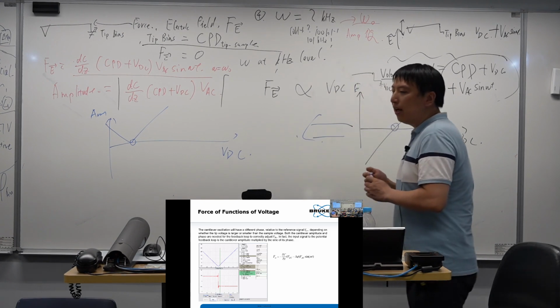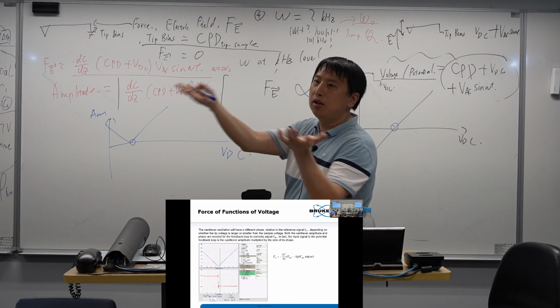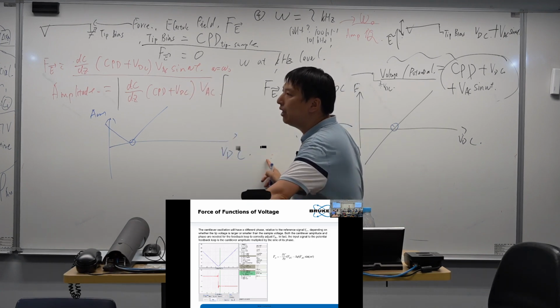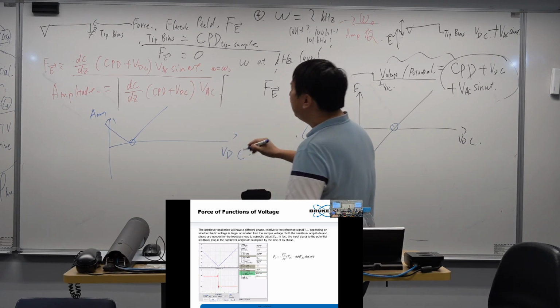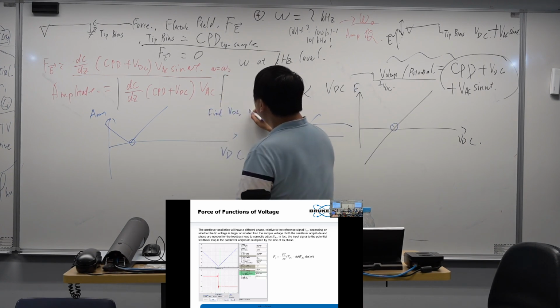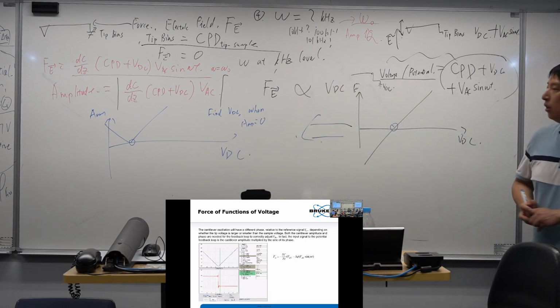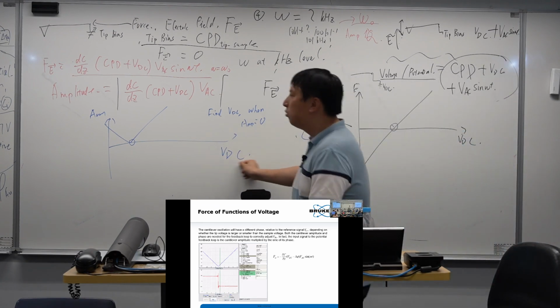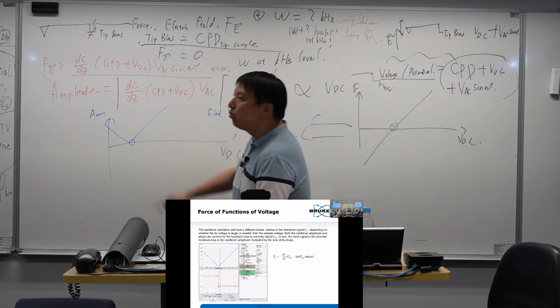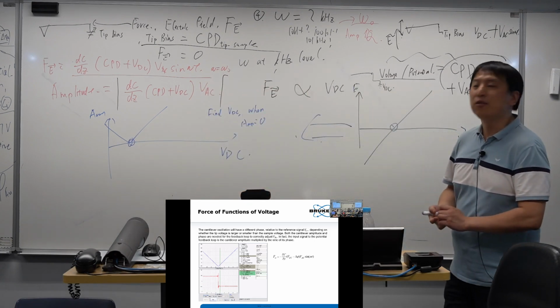If you were designing KPFM, your idea is to find the VDC when the amplitude is 0. How would you find it? You would adjust the VDC and find the lowest value. That's quite easy, right?